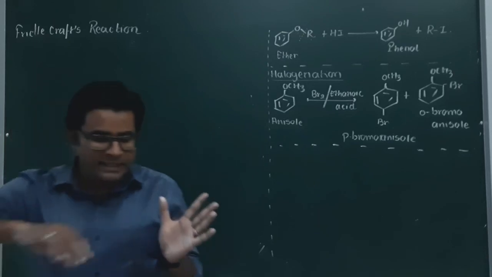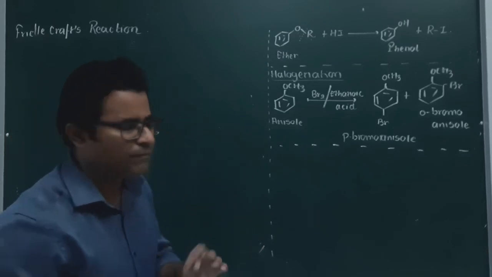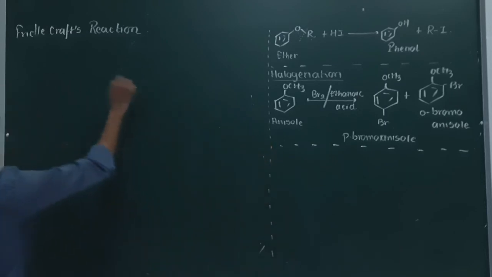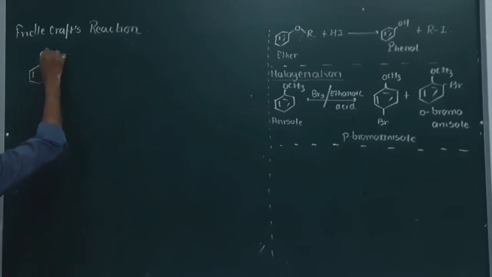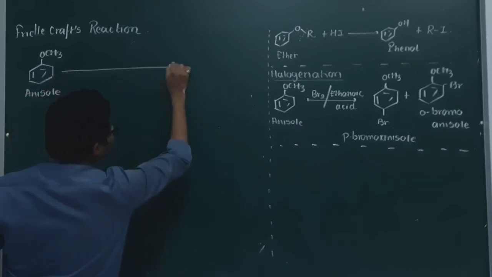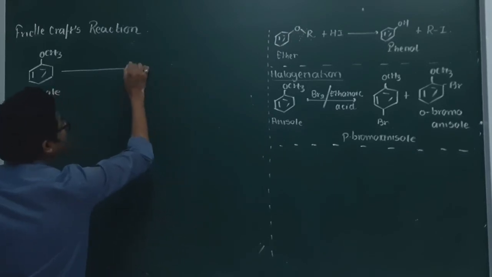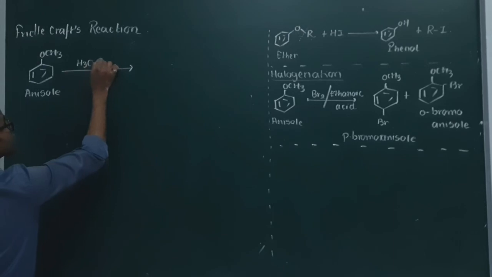One is the alkylation and the other one is the acylation. Let us observe the first one. Let's take into consideration an anisole, OCH3, anisole, which is going to be reacted with CH3Cl, methyl chloride.